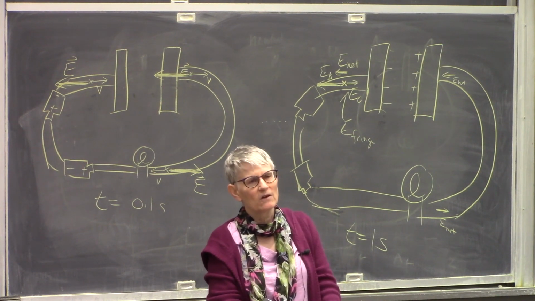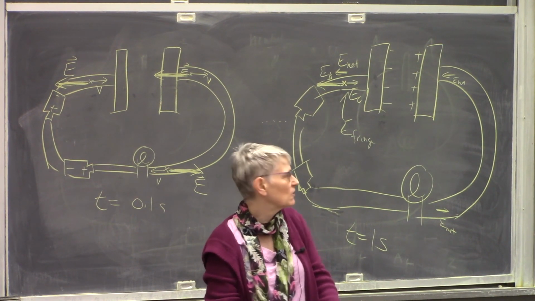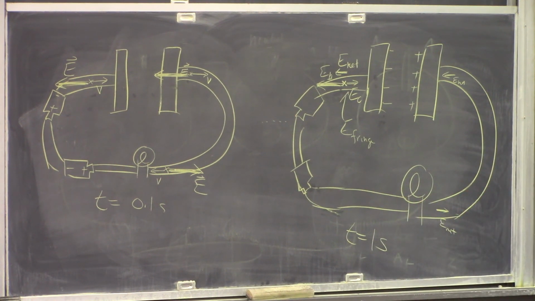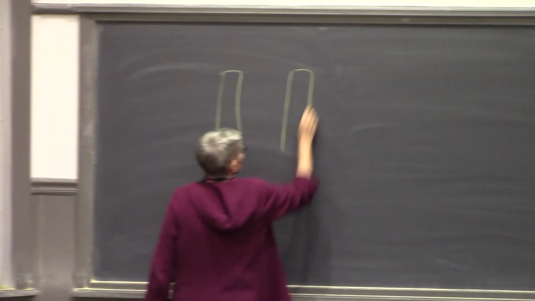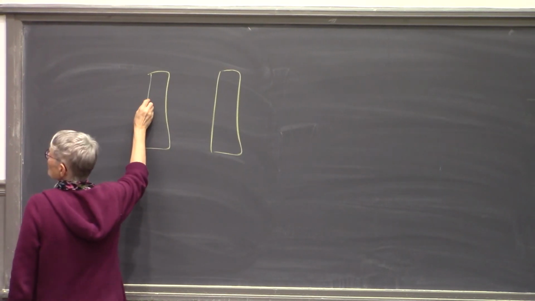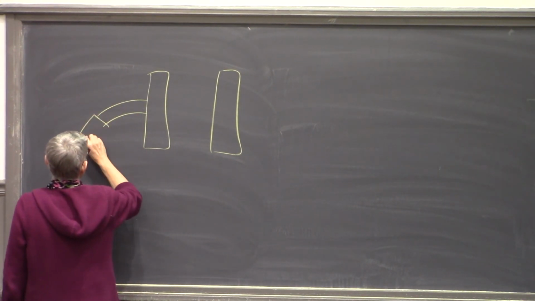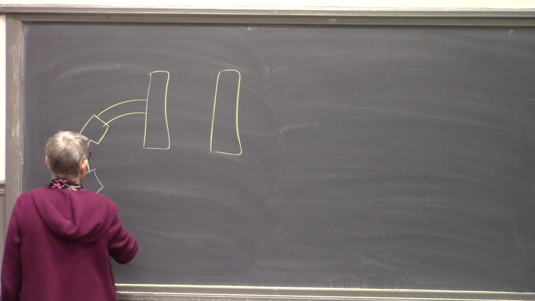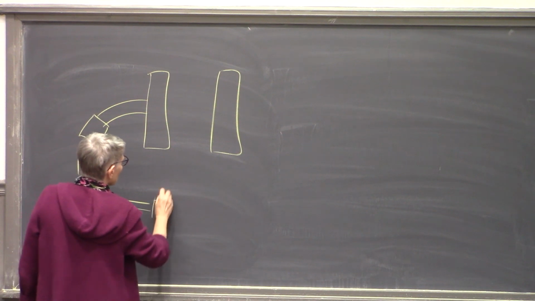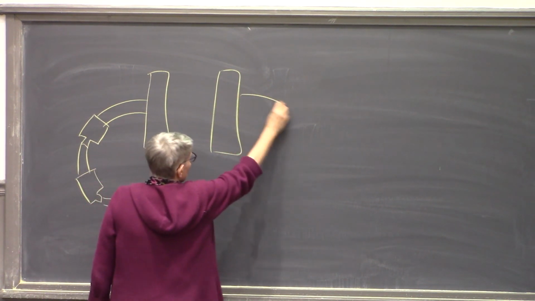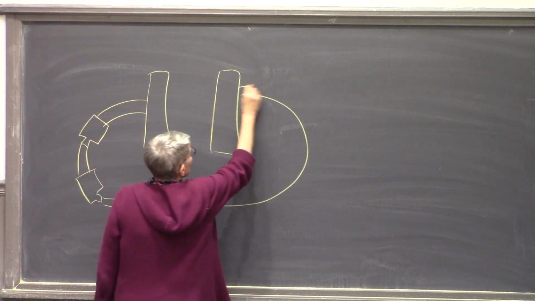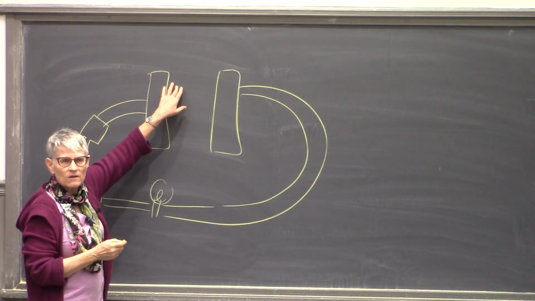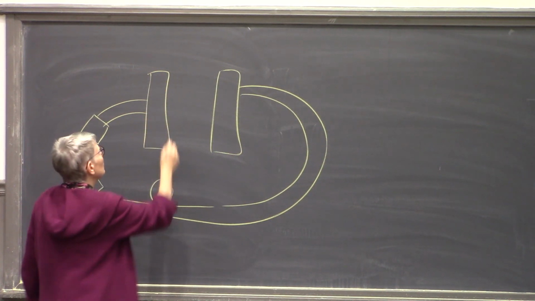So what happens at the very end? What should the drawing look like at the end? So what do I draw here? Lots of negative charge.